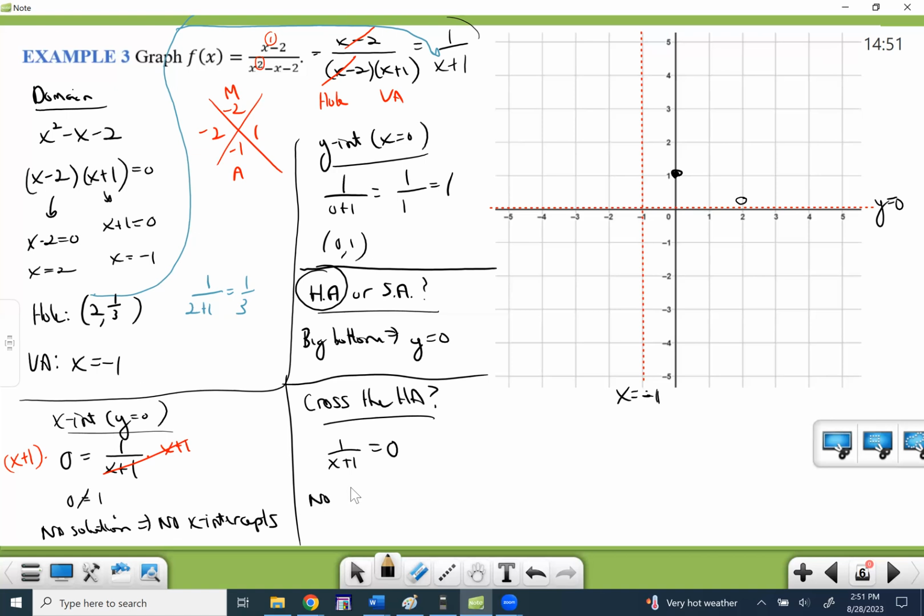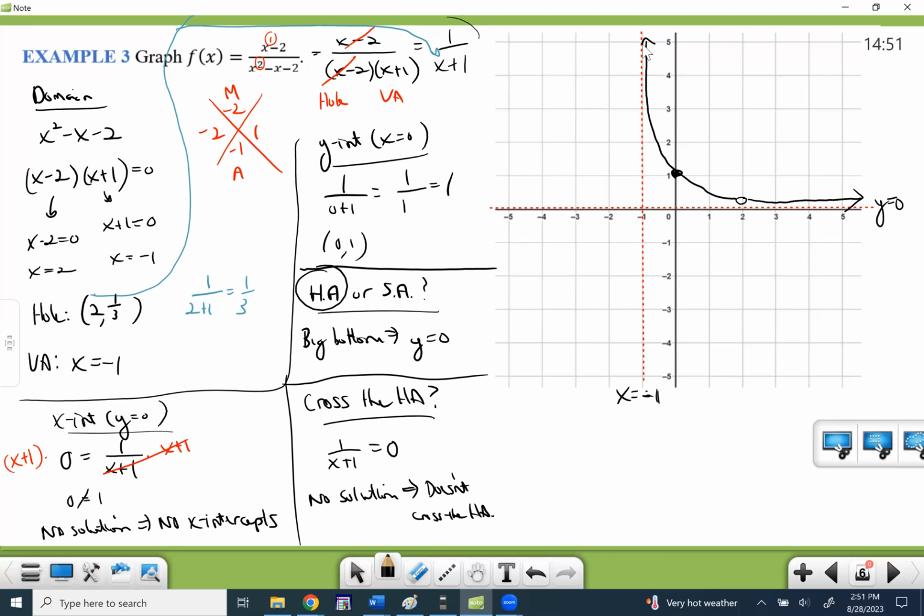So remember that no solution means that it doesn't cross the horizontal asymptote. So I kind of already know a lot then. I know that the graph is going to look like this, as far as on the right-hand side, okay?